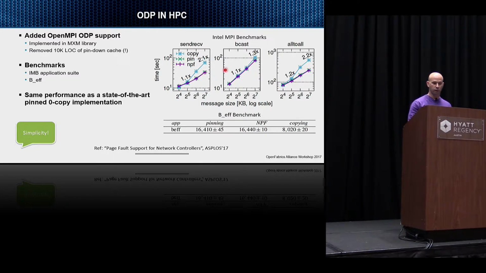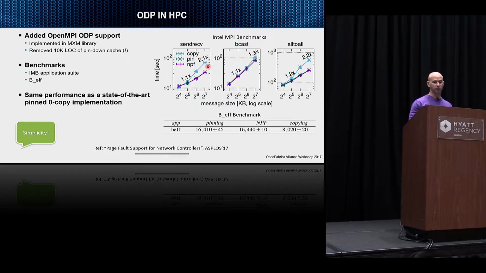I think the main point to note here is we have 3 plots. The copy method, where you just copy everything into a pinned buffer. The green is pinning, and NPF stands for network page faults. So essentially, we have here a 2x performance improvement compared to pinning, which is kind of the brain-dead implementation.